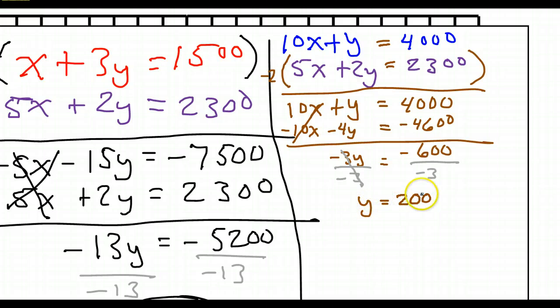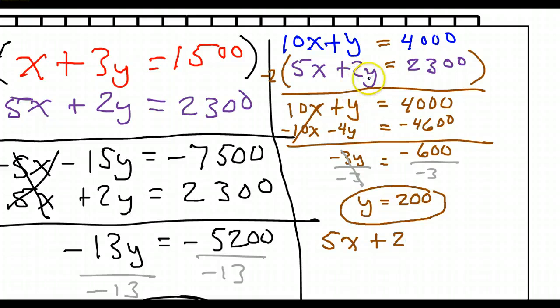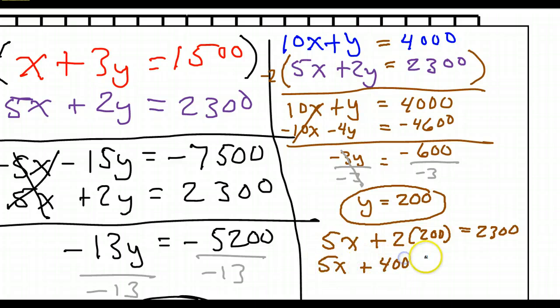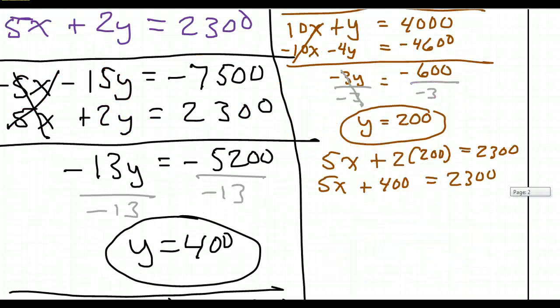Alright, so we have y. Now we need to find x. So I could use either one of these equations. I'll use the purple one. So say if I do 5x plus 2y, so here I'm going to go ahead and put my 200, because that's y, equals 2,300. So that's going to be 5x plus 400 is equal to 2,300.